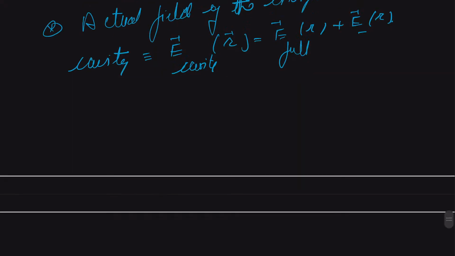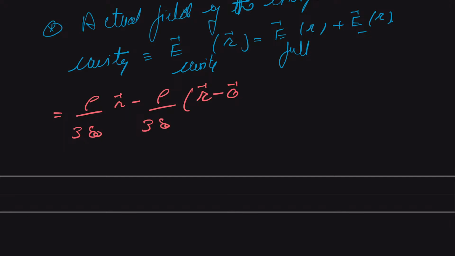And we can substitute it. We get this as rho upon 3 epsilon naught R unit vector minus rho upon 3 epsilon naught, and this comes as R minus A unit vector. Obviously, if we open the bracket, this R and R goes away, and this comes as rho upon 3 epsilon naught, and we have our A unit vector.